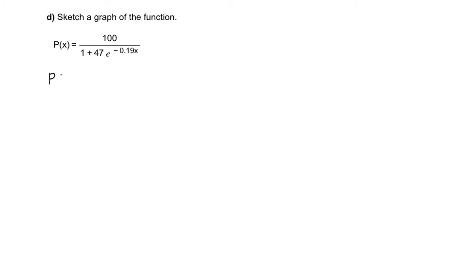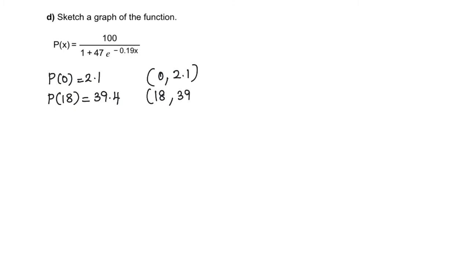In part A, we got p of 0 equal 2.1 and p of 18 equal 39.4. So we can think of these as ordered pairs: 0, 2.1 and 18, 39.4. And we can check what happens to the function as x approaches infinity, to look at the end behavior of the graph.